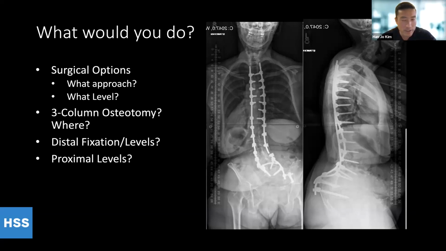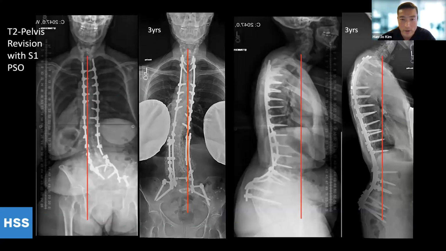So just for the sake of time here, I'm going to go to what I ended up doing. I did a revision T2 to the pelvis with an S1 PSO. You can see here the alignment change with the S1 PSO. For S1 PSOs, you could only get 4 iliac screws distally. Maybe you could get 6 if you really wanted to, but I worry about stability there.